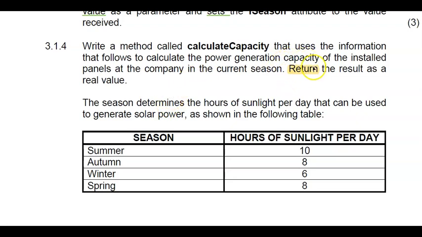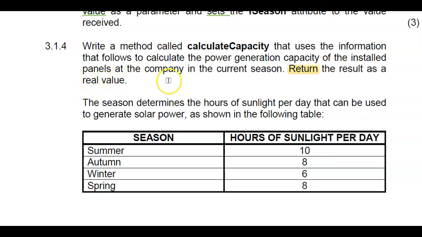So we also need to determine what the return data type of this function, calculate capacity, is. We're obviously going to use numbers, but we have an option between integer and real. There we can see they tell us that depending on the season, there's a certain number of sunlight hours per day.